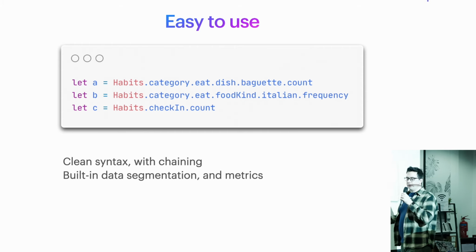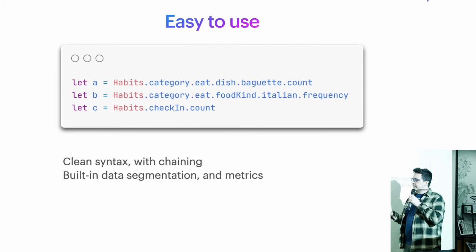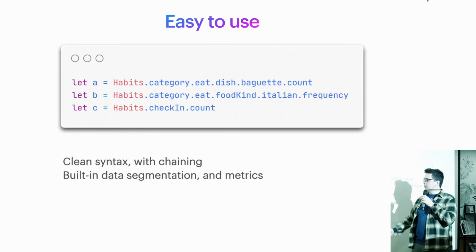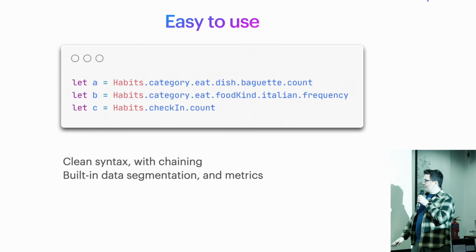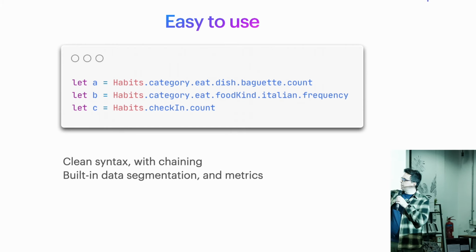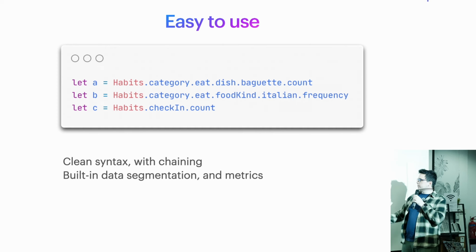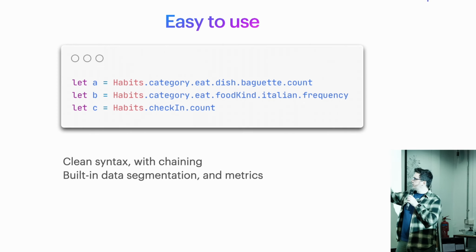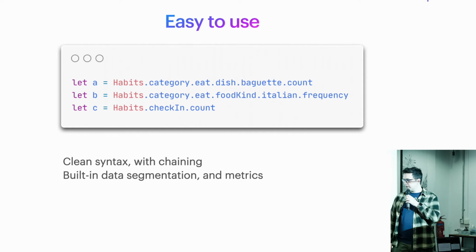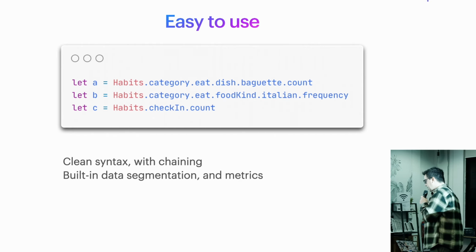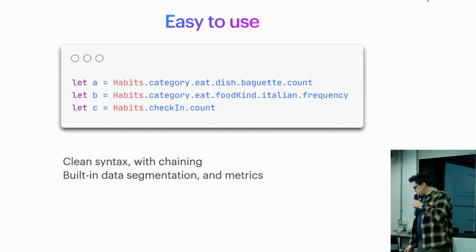Or if you want all the check-ins towards your entire habit system, you could just do .checkIn.count. So the idea here is that you have groups of data and you have metrics. And we could even chain more groups or metrics if you wanted to. So it's a clean syntax with chaining, with built-in data segmentation and metrics.